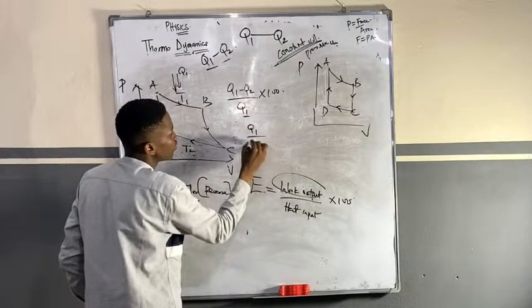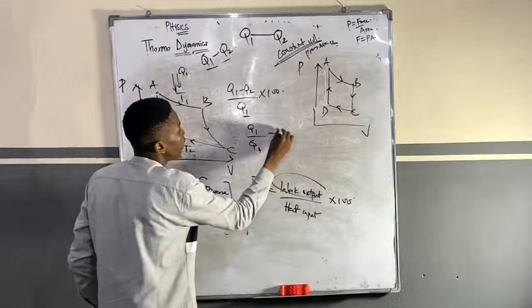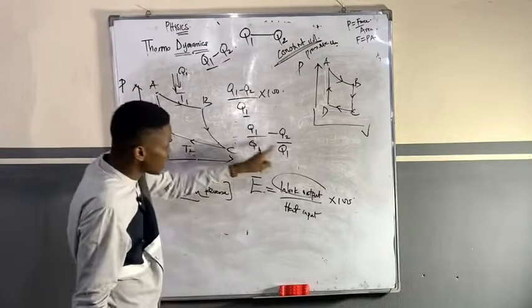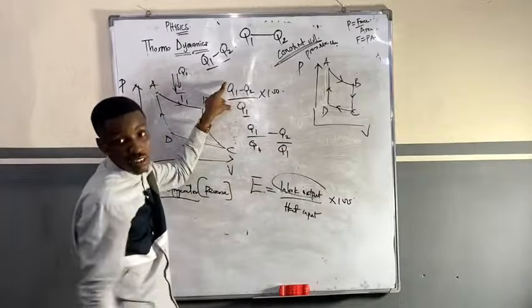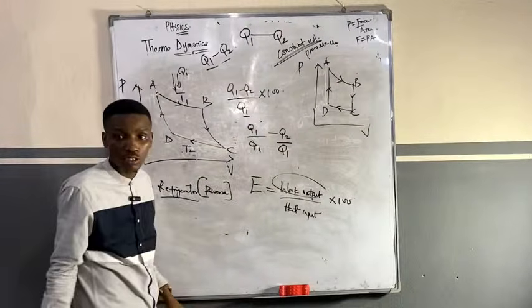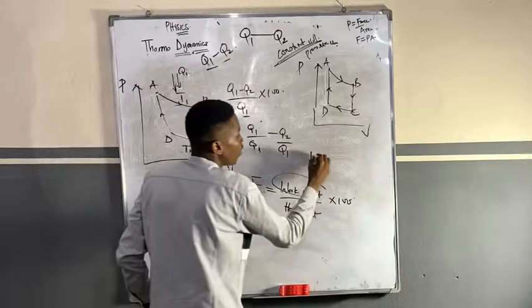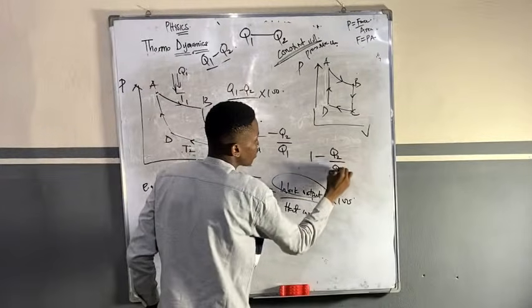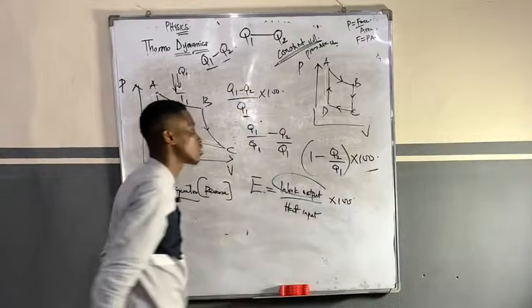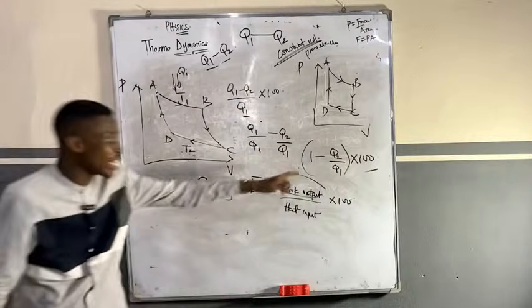I believe we believe. So if I cancel Q1 with Q1, what is my answer? 1 minus Q2 over Q1, all times 100. So this is the formula we tend to use a lot.